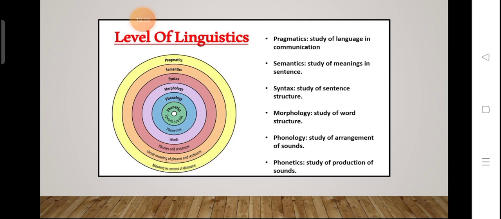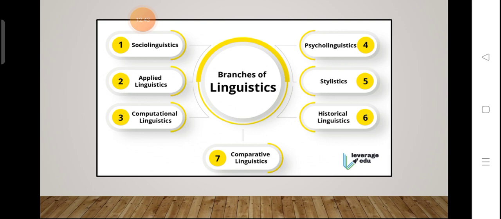So all these aspects are studied under various branches of linguistics, like sociolinguistics, psycholinguistics, applied linguistics, computational linguistics, stylistics, historical linguistics, and comparative linguistics. These are some of the important branches of linguistics.